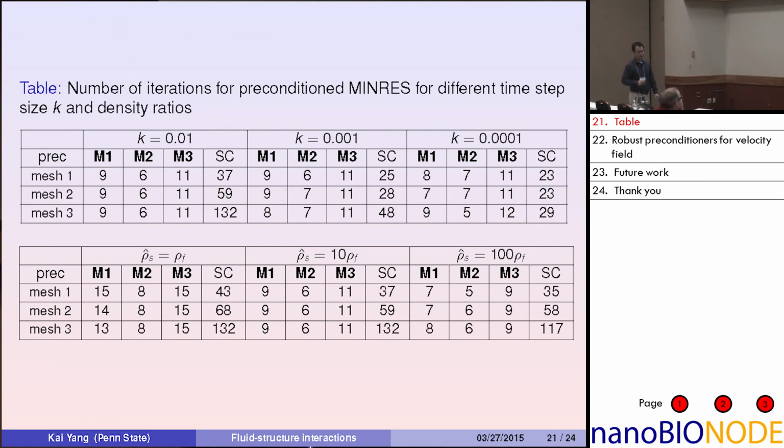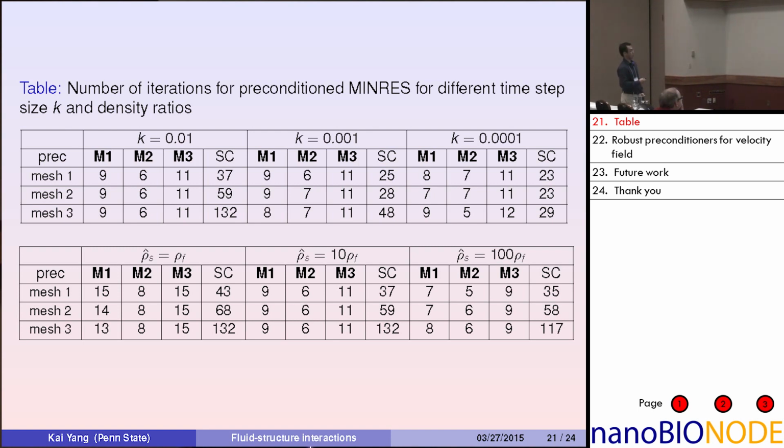On this page, I showed the number of iterations for preconditioned MINRES. There are some varying parameters since our theoretical results show that these preconditioners should be robust. The first one is K, the time step size. We take 3 different time step sizes in the first table, and we have 3 different problems. Their size gets larger and larger. For this M1 through M3, these are the number of iterations for the preconditioners we proposed.